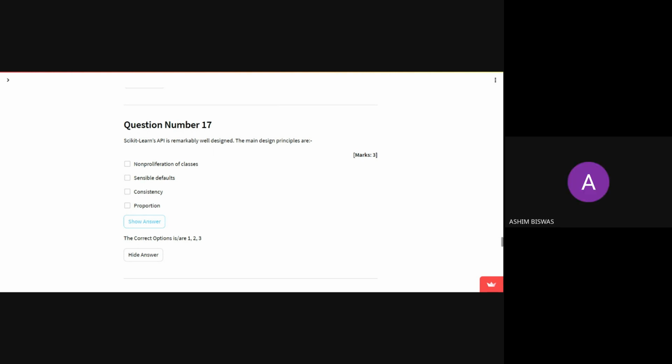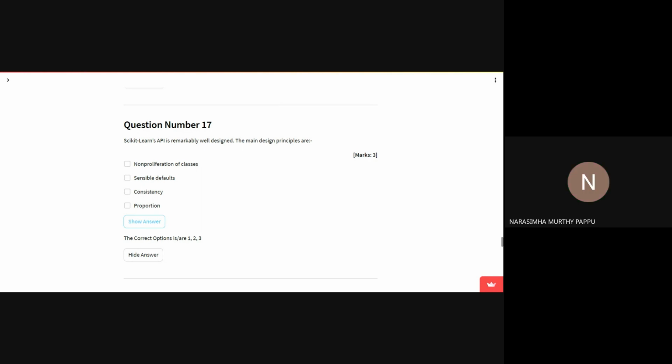Right. Do I need to solve this question? Okay. We're all using the standard Python strings and NumPy arrays and everything. But Ashim's point is valid. I mentioned earlier that non-proliferation of classes is subjective, but based on what Ashim just said, it is not subjective.